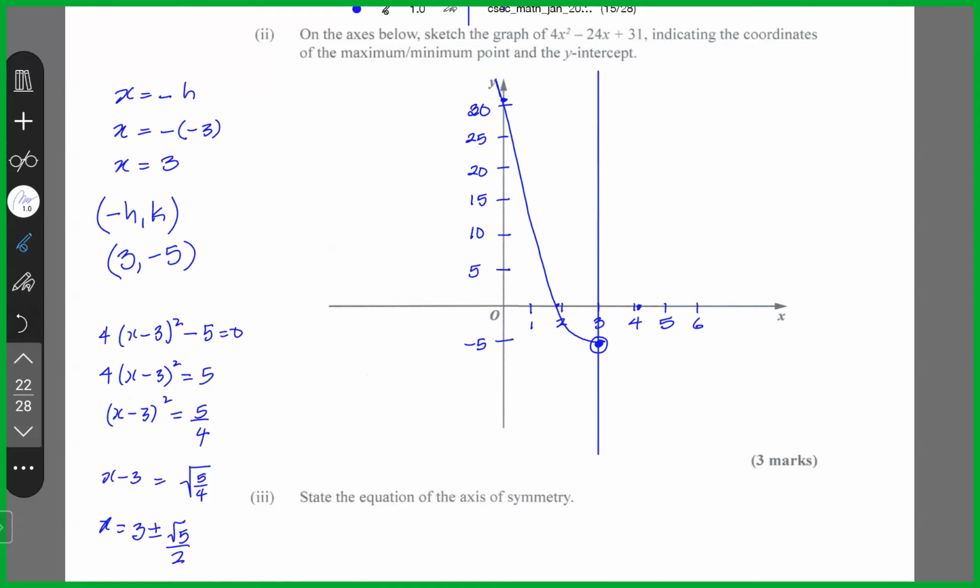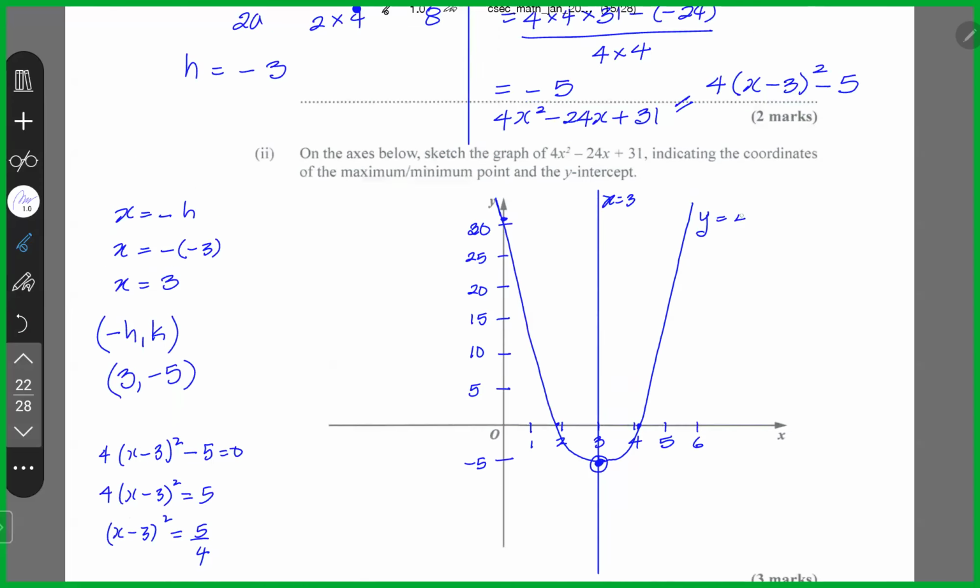Too much of a perfectionist, so somewhere around. That's all of my graph. This is x is equal to 3. My sketch is the sketch of y is equal to 4x squared minus 24x plus 31.